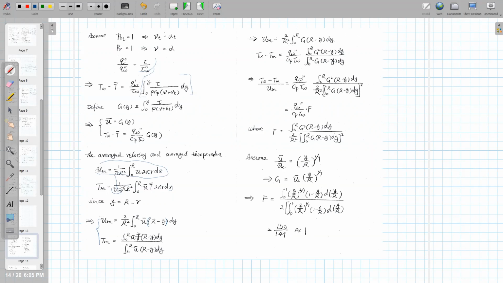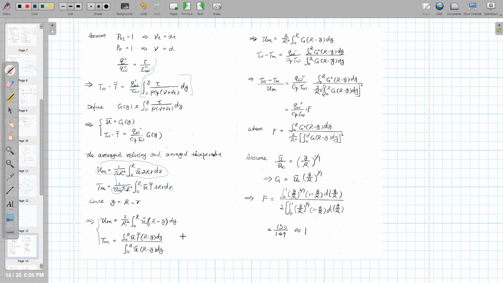So it becomes u as a function of R minus y times T as a function of R minus y times dy, divided by u as a function of R minus y times dy. This parenthesis does not mean u multiplied by a value; it just means that u is now a function of R minus y, not a function of r anymore.